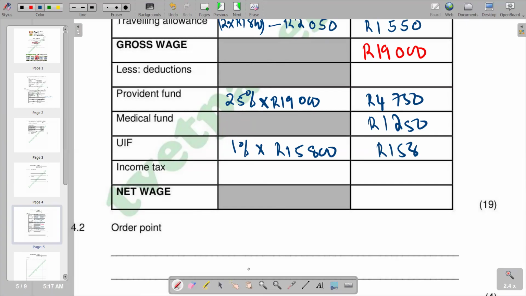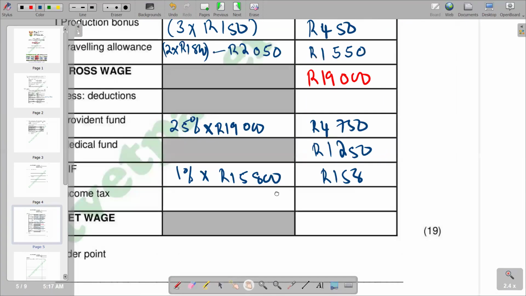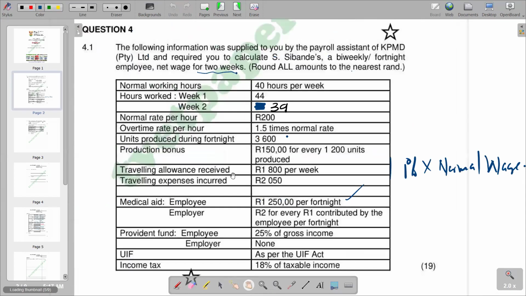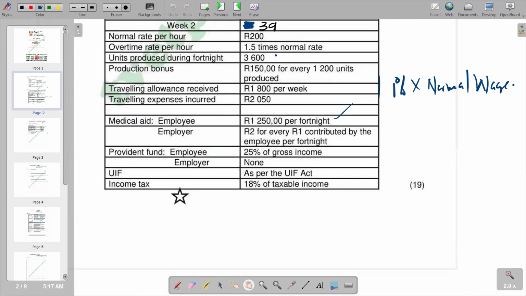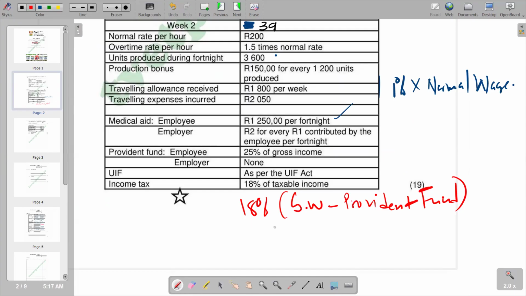Then income tax. We calculate income tax using the percentage given, which is 18% of taxable income. Taxable income is gross wage minus provident fund, of which we calculated our provident fund, and we also have the gross wage.